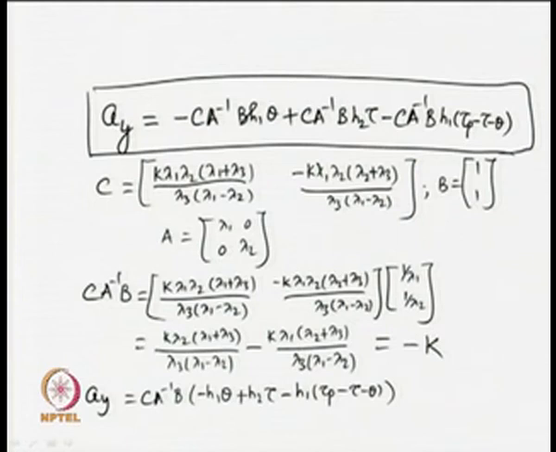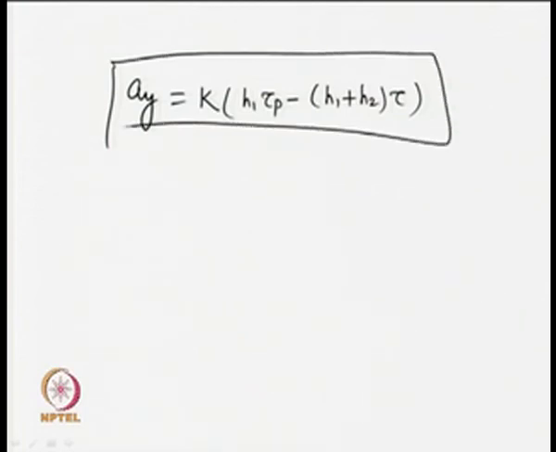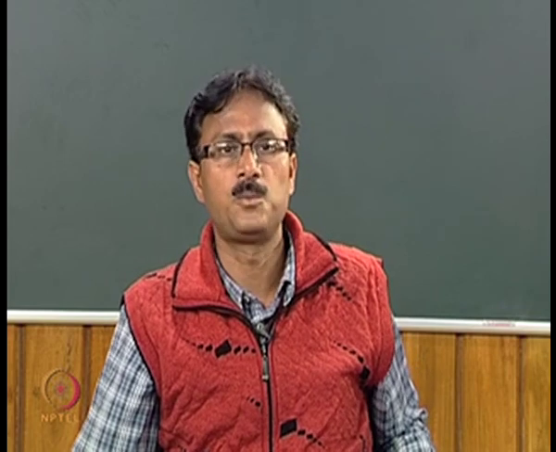But C A inverse B is equal to minus k, therefore, allow me to write here minus k, and writing like that I finally get the expression for A y is equal to k times H1 tau p minus H1 plus H2 tau. So, this is the final expression for the area of the output signal.